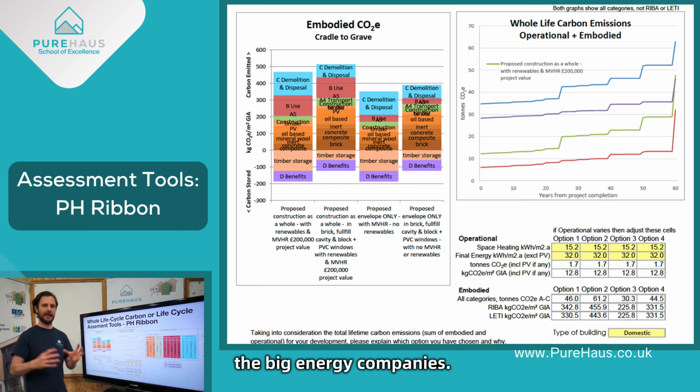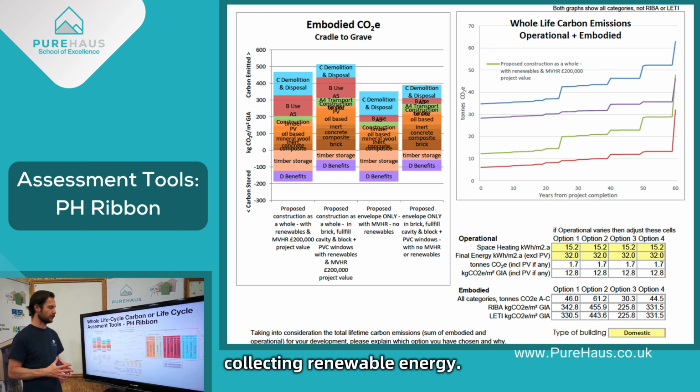It's to do with the big energy companies. If you put renewable energy on the roof of your house, all you are doing is reducing the amount of renewable energy out in a field or out at sea or wherever the big companies are collecting renewable energy. So one of these assessments is saying, let's not take that into consideration.